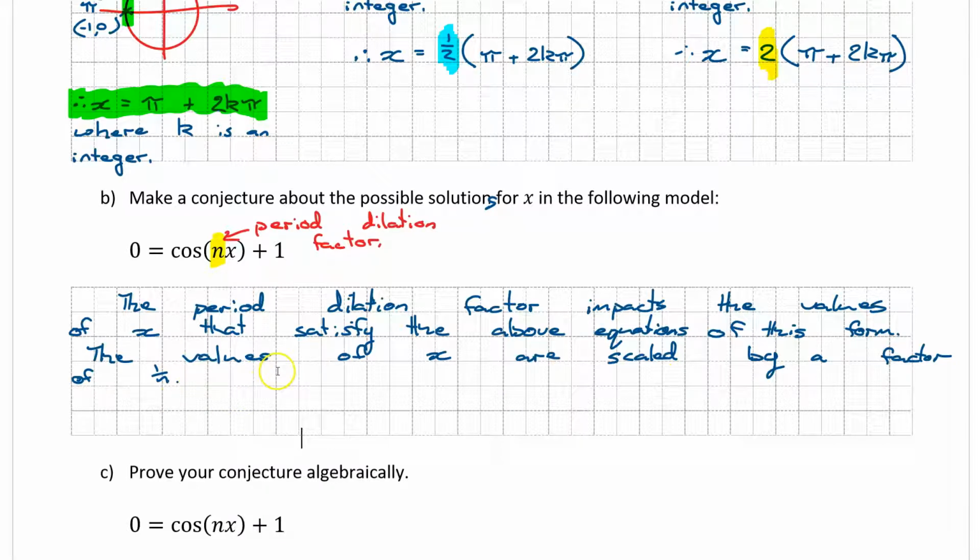So this would be an informed opinion about what we believe is going to occur when we have this particular model up here. So remember, for conjecture questions, a conjecture is a mathematical statement that has yet to be rigorously proved.